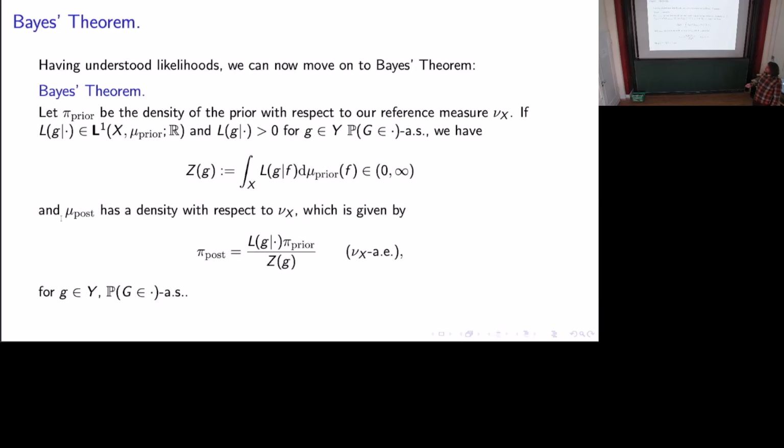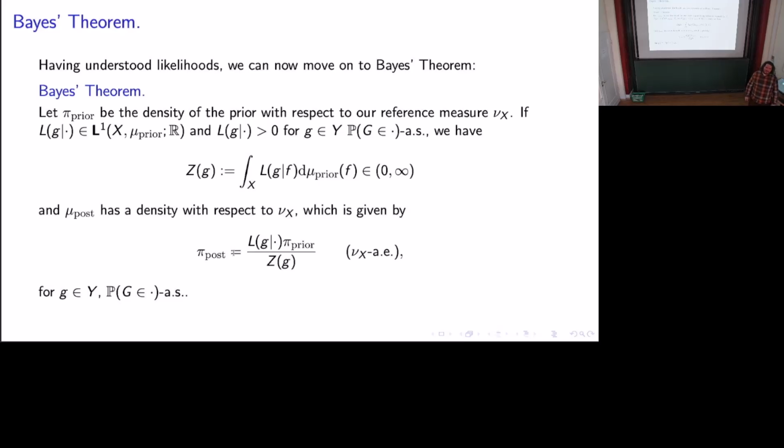We have that the posterior, mu post, also has a density with respect to this reference measure, which is given as the product of the likelihood times the prior density divided by this thing called Z. Very often we don't write this and just use a proportionality sign, because the Z is just a constant that makes sure that everything is a density. So you just normalize it.